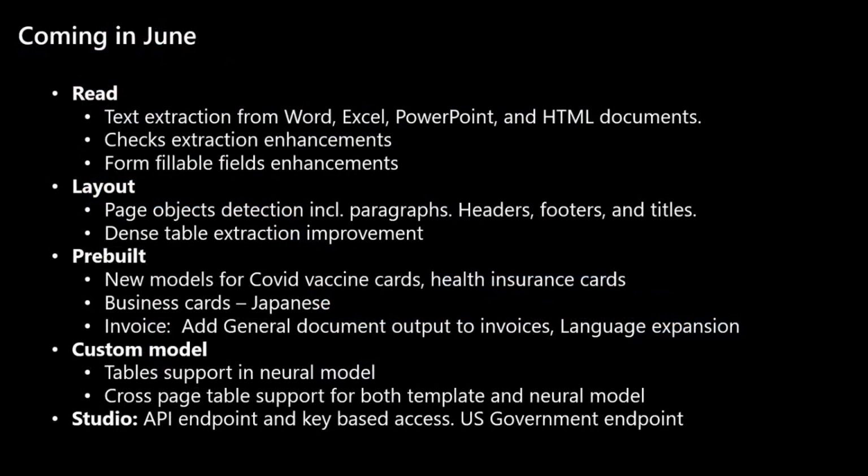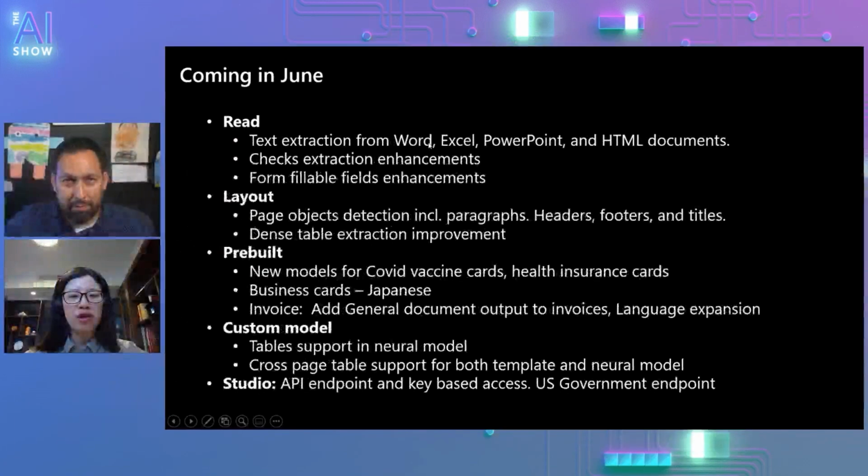For read, which is the basic OCR extraction, we will support more document types, including all these popular Office formats and HTML documents. We will also help you detect page objects, including paragraphs, headers, and footers from your document, and enhance the dense table extraction for the layout model.